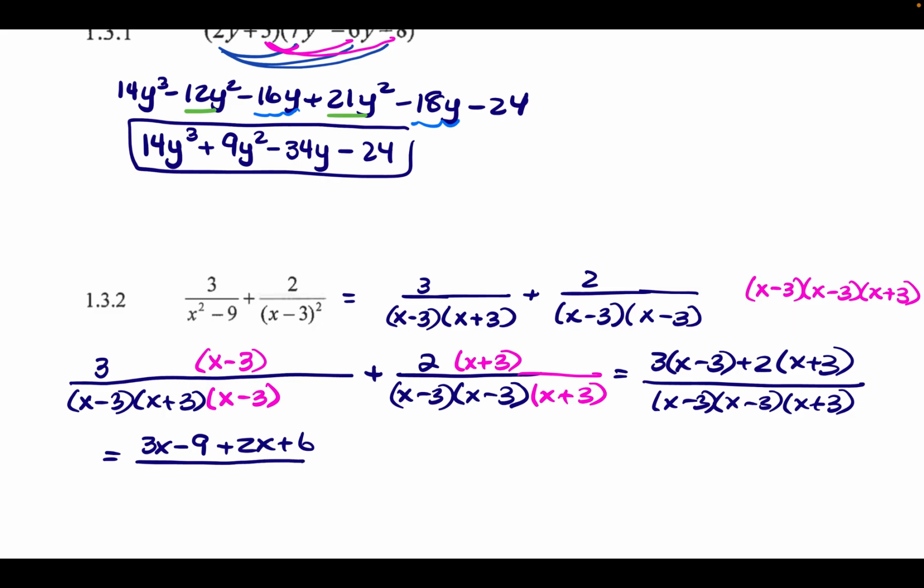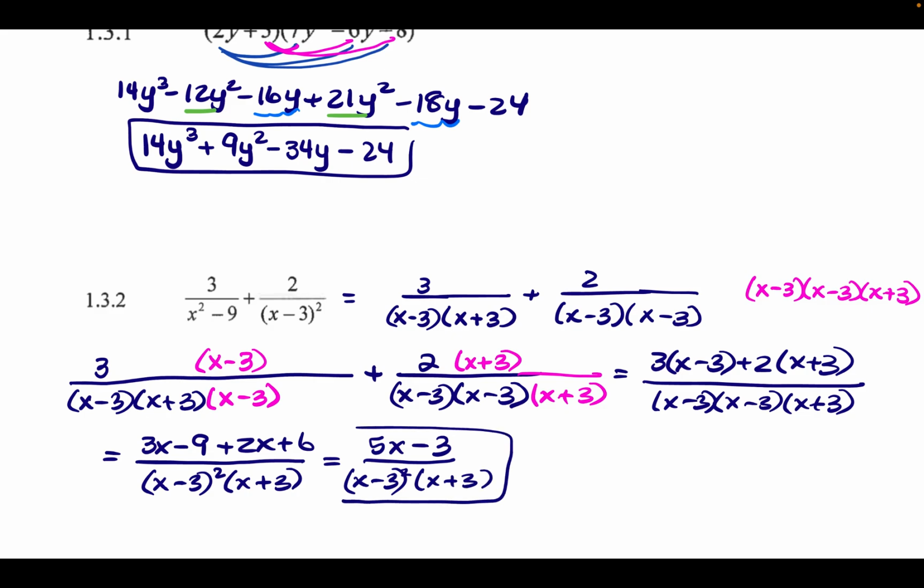And we can rewrite our denominator in simplified form if we'd like to, although it's just a rewrite. And we get 5x minus 3 in the numerator and x minus 3 squared times x plus 3 as our final answer.